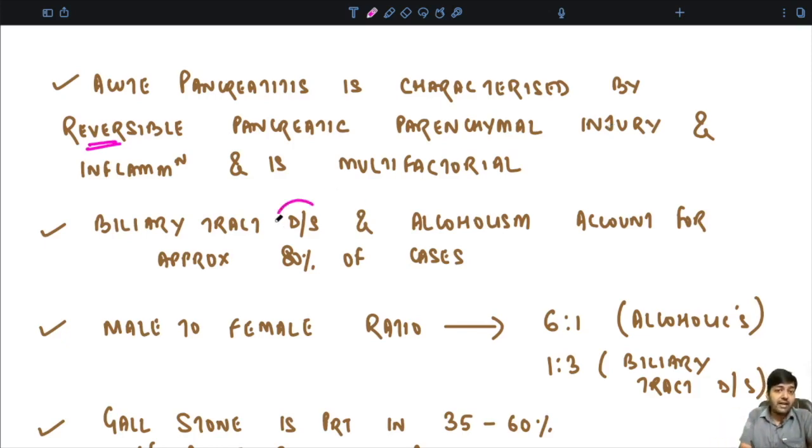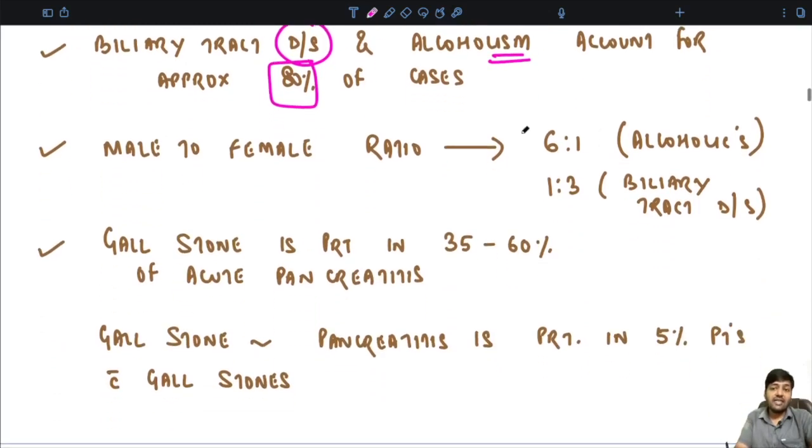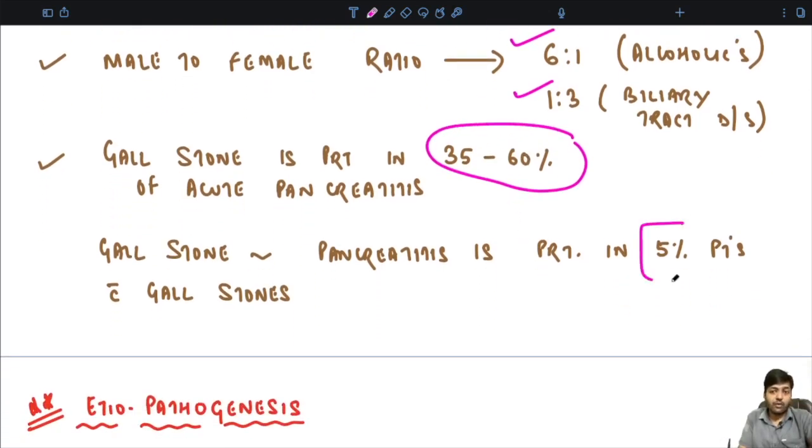Biliary tract disease and alcoholism alone account for approximately 80% of the cases. The male to female ratio is 6:1 in alcoholics and 1:3 in biliary tract disease. Gallstone is present in 35 to 60% of acute pancreatitis cases. Gallstone induced pancreatitis is present in approximately 5% of the patients with gallstones.